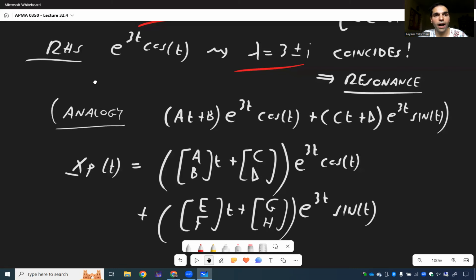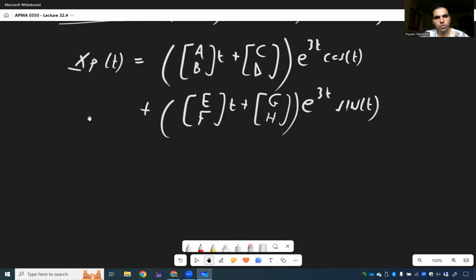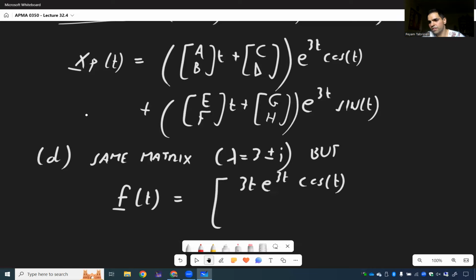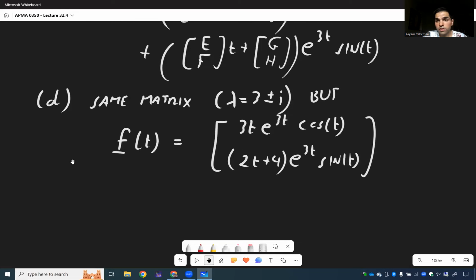And now let's just combine everything. So two more examples. So the same matrix, the one with eigenvalues lambda equals 3 plus or minus i. But in this case, your f term is 3t e to the 3t cosine of t, and then (2t plus 4) e to the 3t sine of t. So same thing.